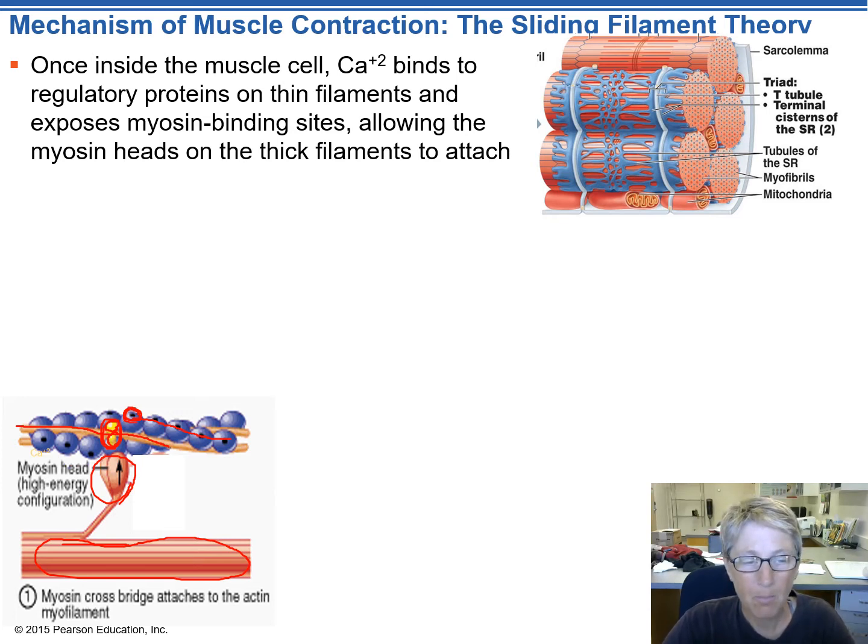Now the myosin head binding sites on actin are exposed, and myosin heads can bind to them. Then, through a series of biochemical events, these myosin heads can bind and detach, recock their heads, and move the two Z lines of the sarcomere together.